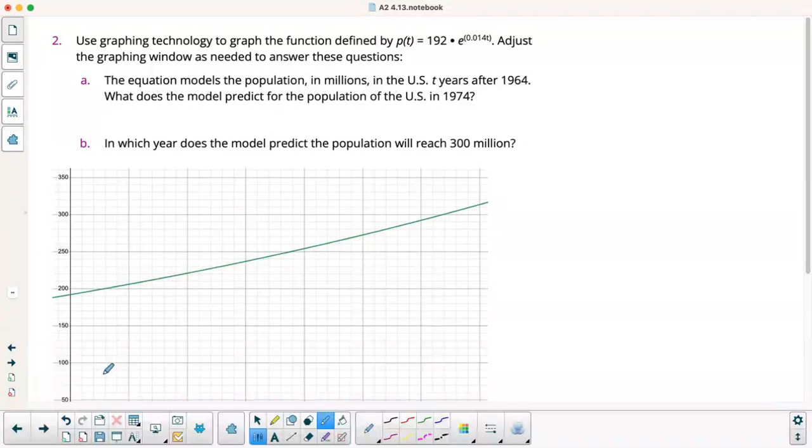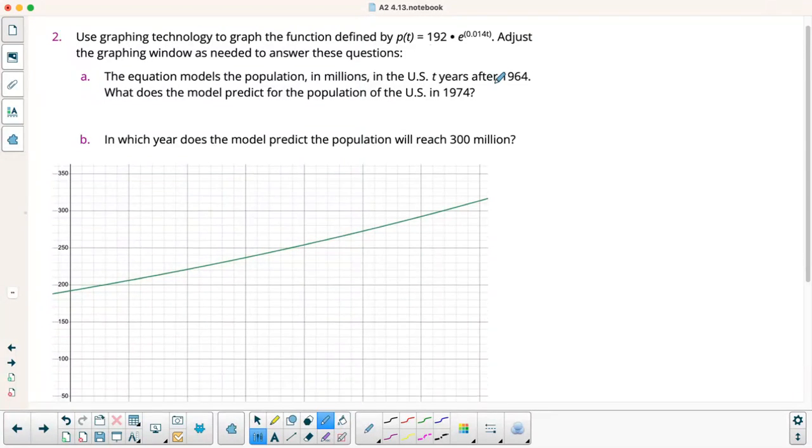All right, here's another one. 192, that's my initial value. So this means my growth rate is 1.4%. The equation models the population in millions in the US t years after 1964.